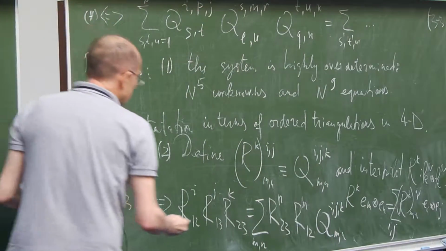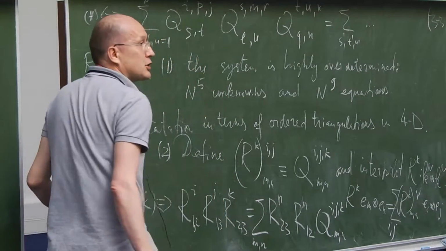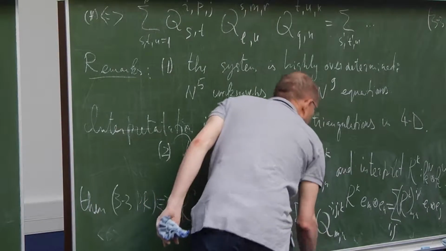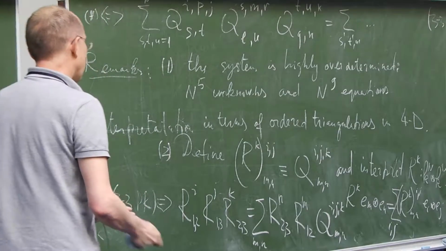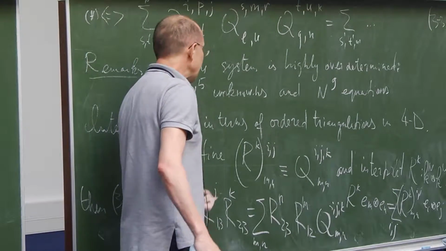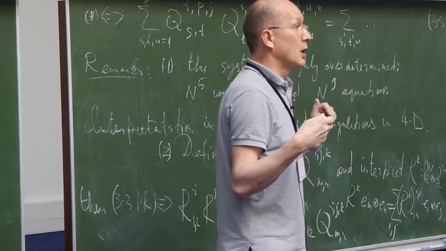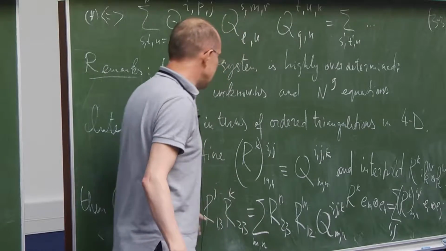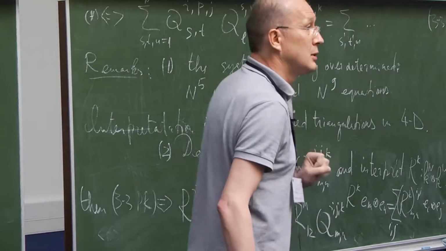And here I'm using just the standard notation for the rule of interpreting the linear map R in the triple tensor product of K^n. So this relation is written in the vector space K^n to the power 3.